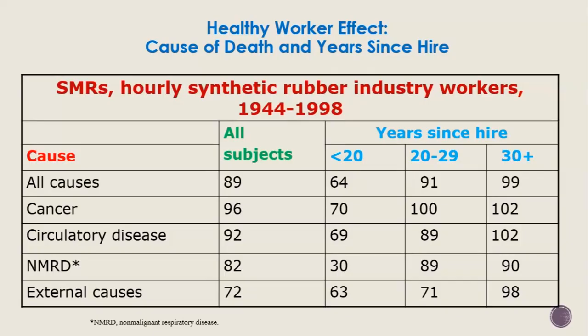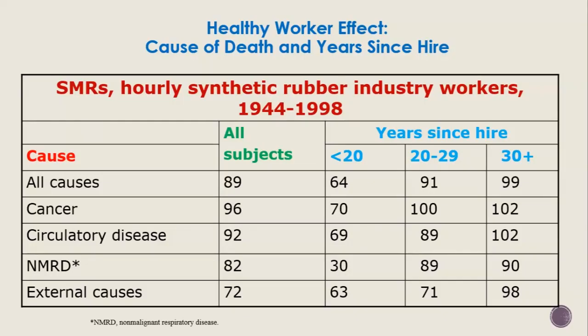For cancer, for all subjects, it is 96. It means that the mortality rate in workers is 4% less than in the general population. For 92, it would be 8% less. For 82, it would be 18% less. And for 72, it would be 28% less.